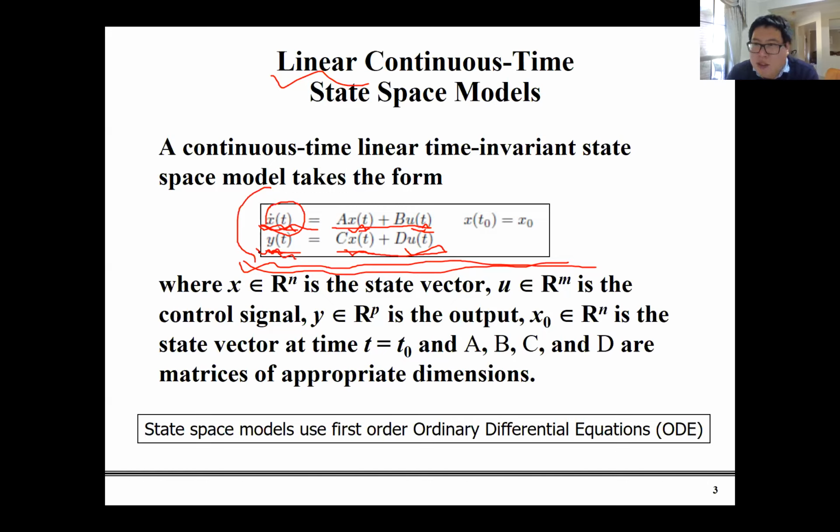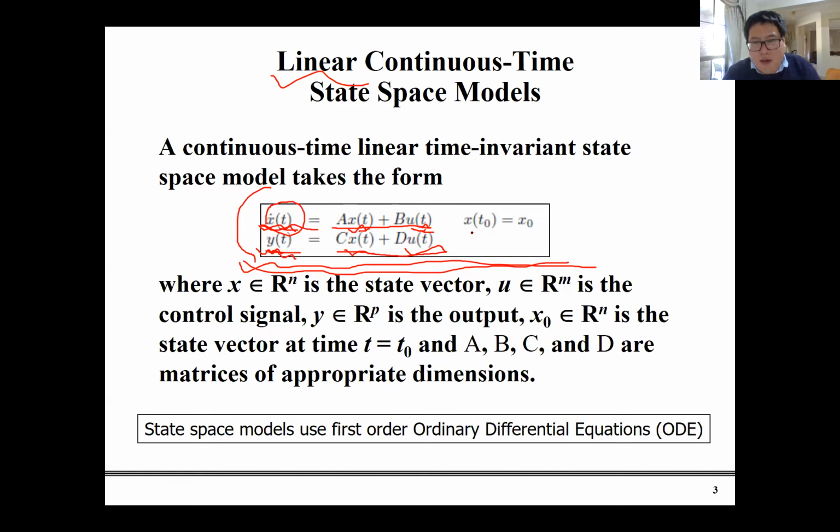And y, the output of the system, is equal to Cx plus Du, which means the output y is also a linear function of x and u. Do remember, this is the standard formulation of the linear continuous time system.